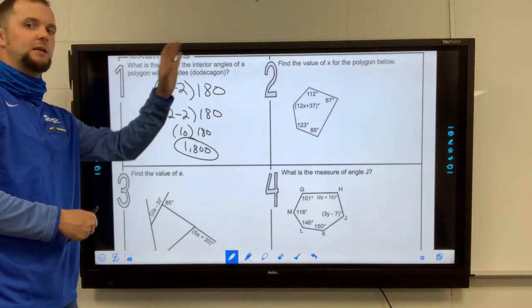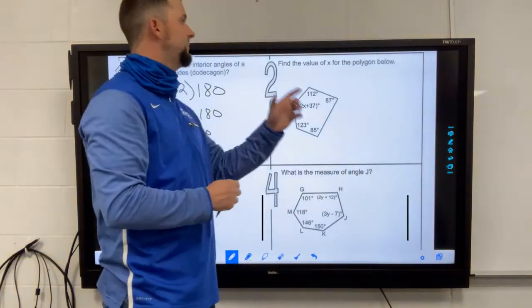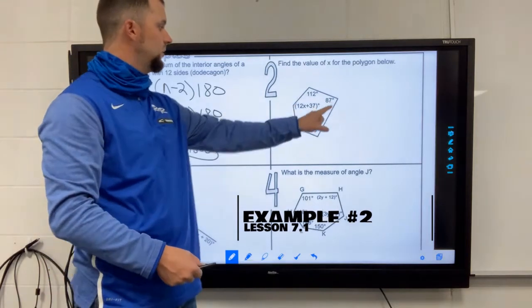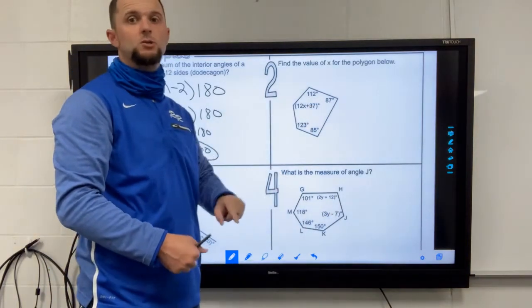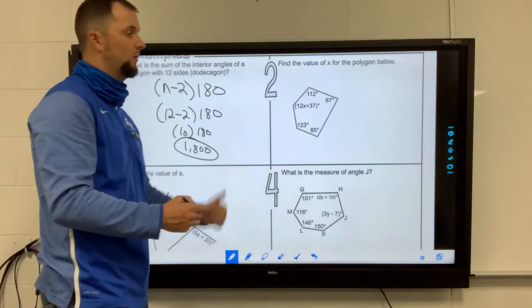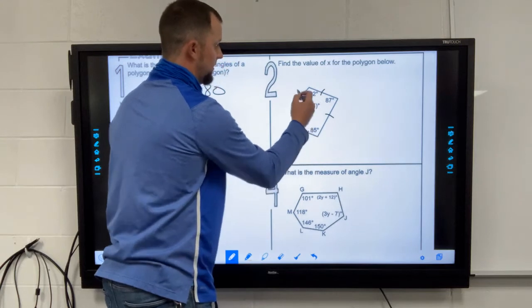So let's take the same concept and use it in example number 2. Right now it wants me to find the value of x for the polygon below. So I know all these here are going to be interior angles. So I can find the sum of the interior angles by using the formula I used a while ago. Right now I can see there's 1, 2, 3, 4, 5 sides.